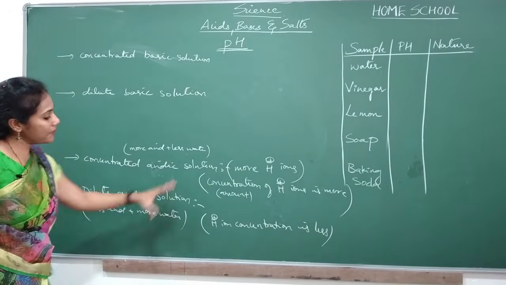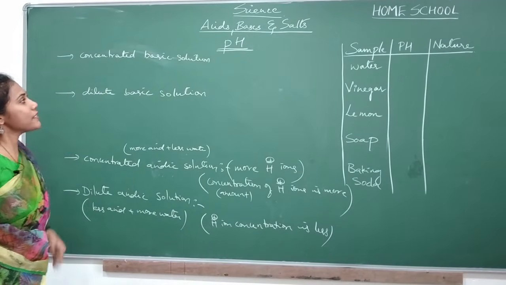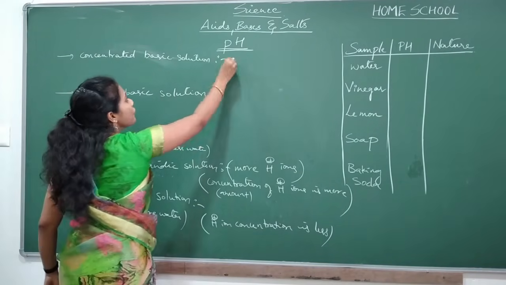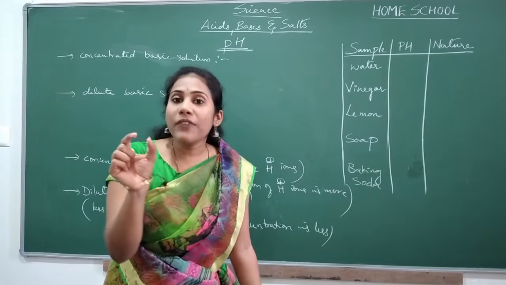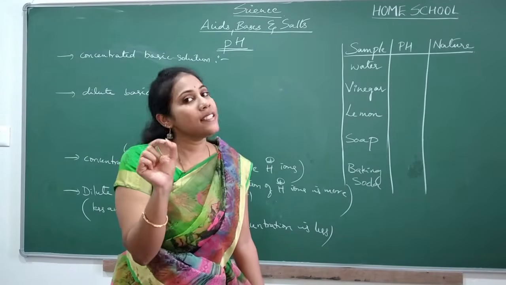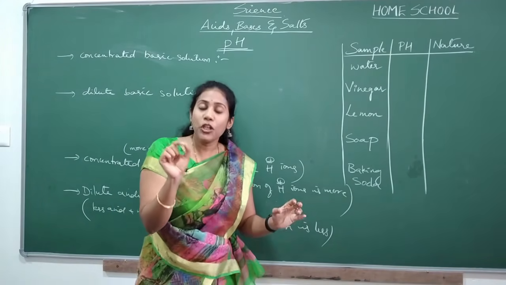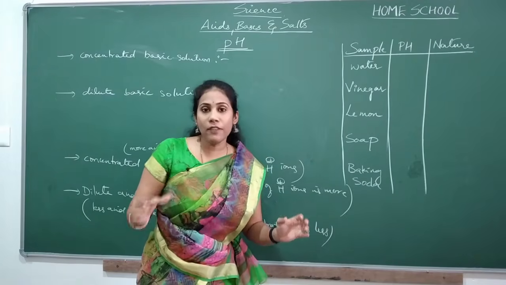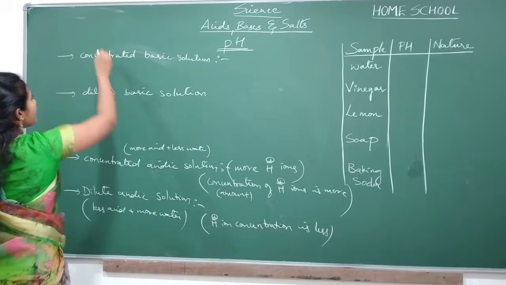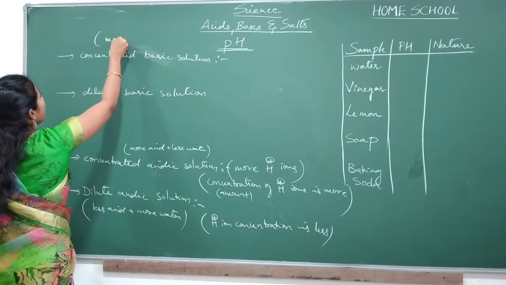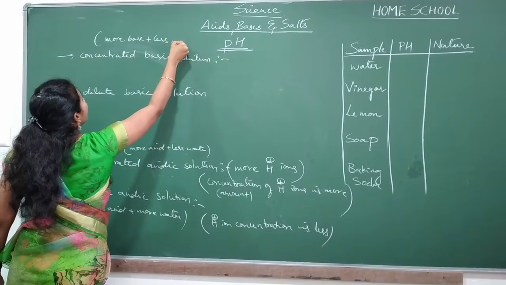Okay, so similarly, what do you mean by concentrated basic solution? What do you mean by a base? A base is a substance that will give OH minus ions in water. So what do you mean by concentrated basic solution? More base will be there and less water will be there.